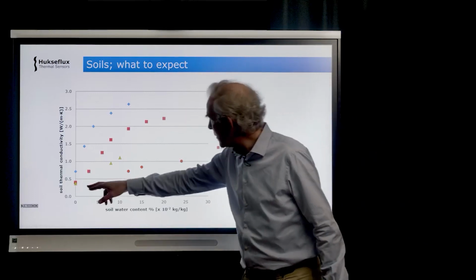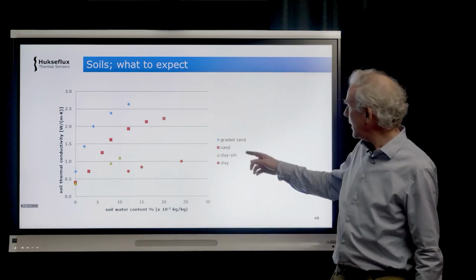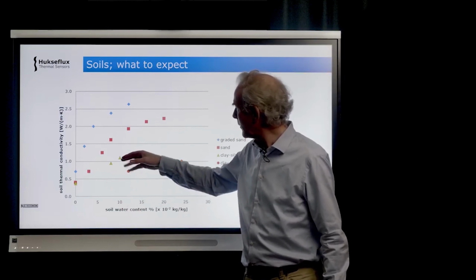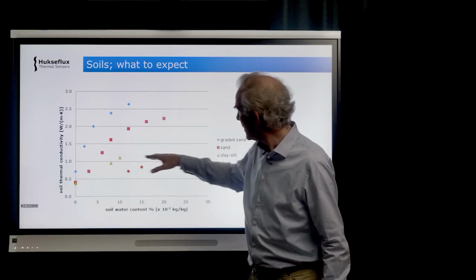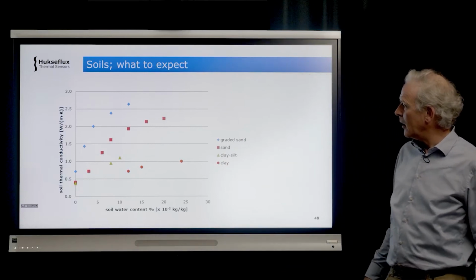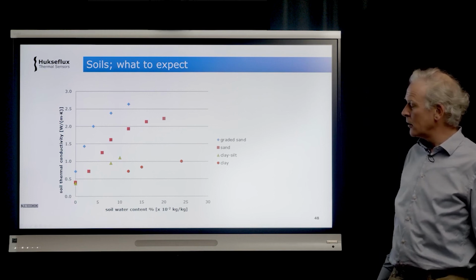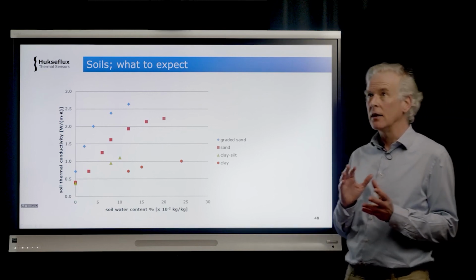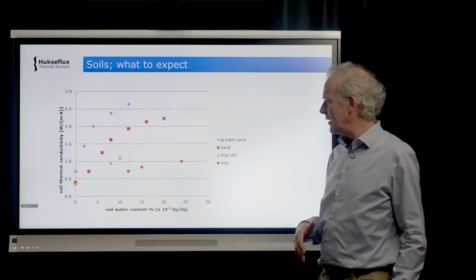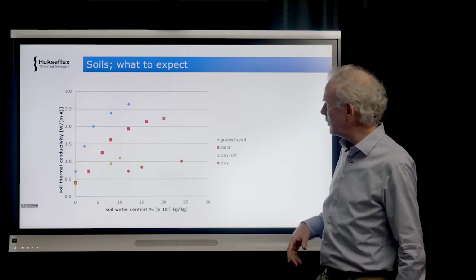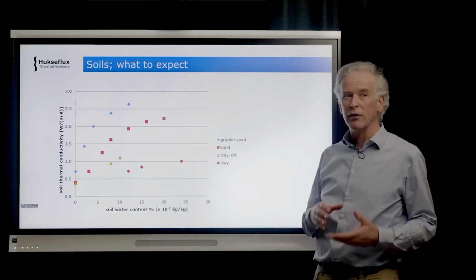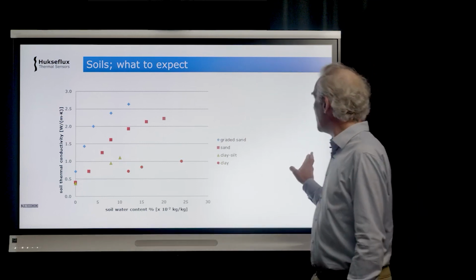And then finally, a mix between sand and clay silt has a lower maximum water content, with top thermal conductivity about the same as clay. So you can already get some feeling for what happens. What is important to realize is that soil moisture is a major factor in determining the thermal conductivity, and even a small change in soil moisture content will mean a very large change in thermal conductivity.